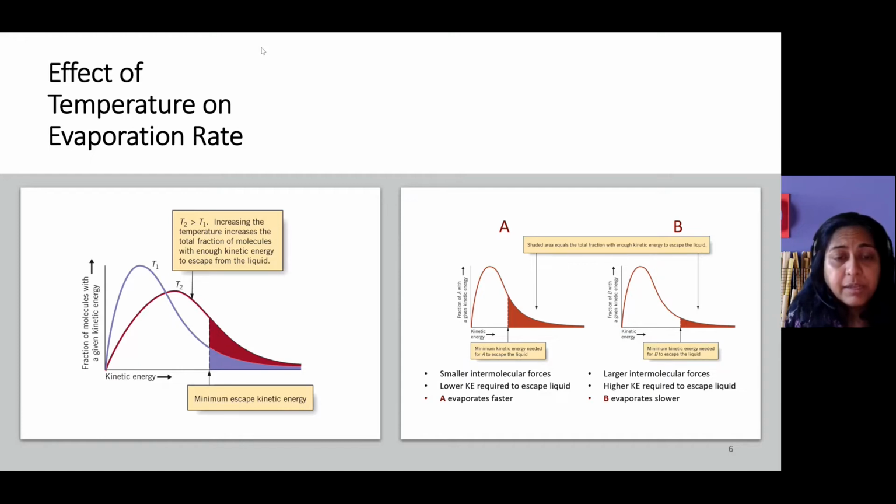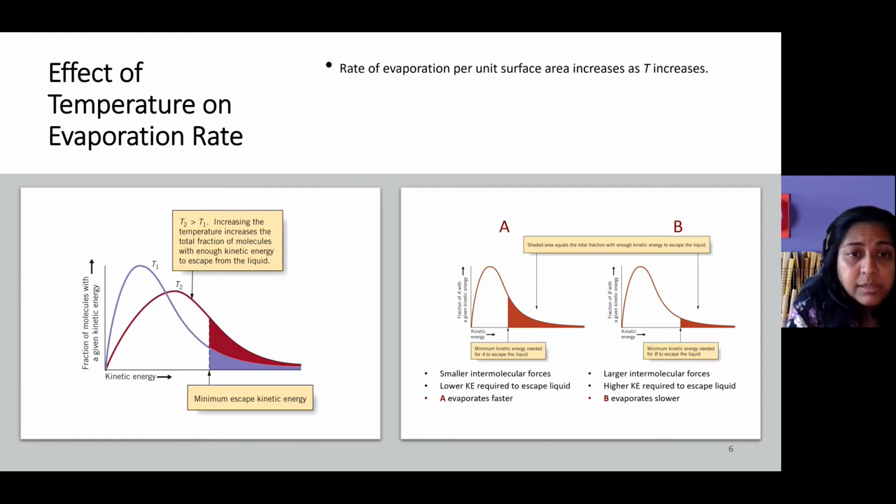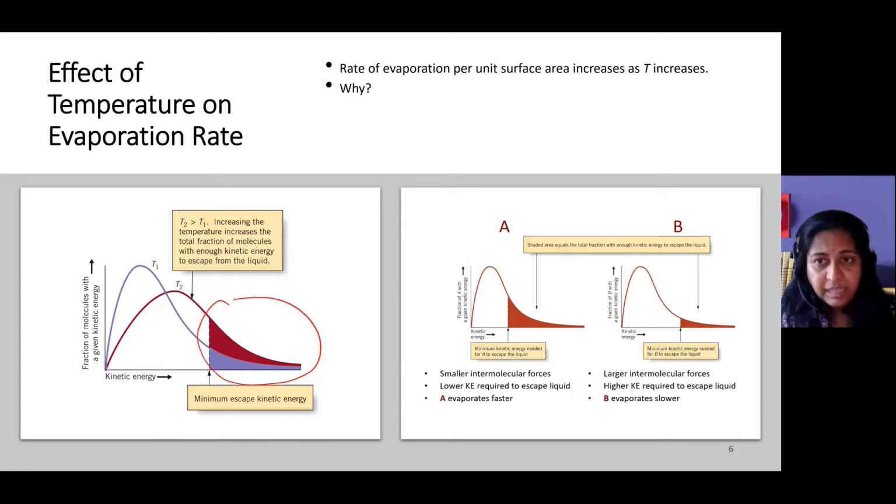So what would happen if we increase the temperature? If we increase the temperature, then more molecules can absorb the heat, and now a larger portion of the molecules have kinetic energy more than that minimum escape kinetic energy.